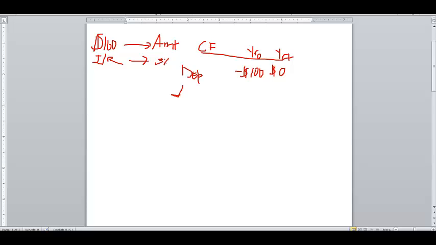Let's say interest payouts: in year 0 there's no interest, and in the first year you get $5 interest on that $100.